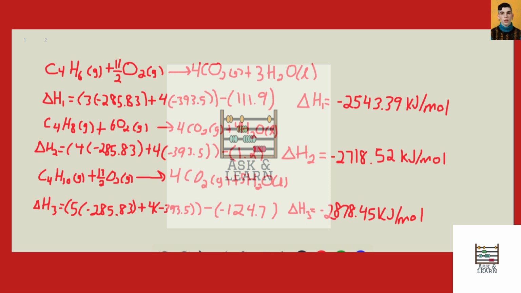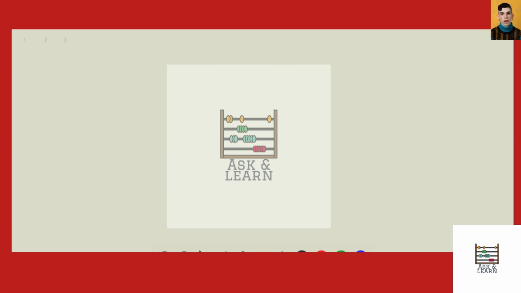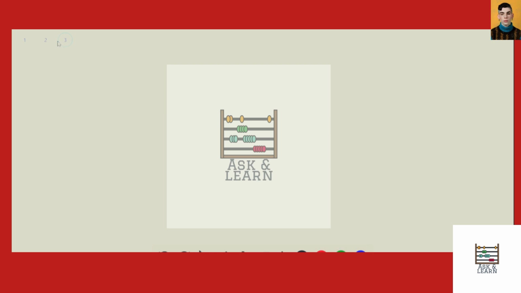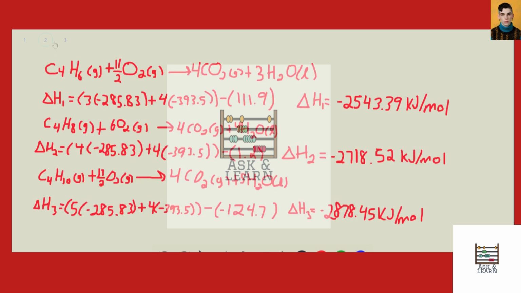Now they want us to calculate the fuel value in kilojoules per gram for each of these compounds. So we're going to divide each of these by the molecular weight. Let's say F1 for fuel value.